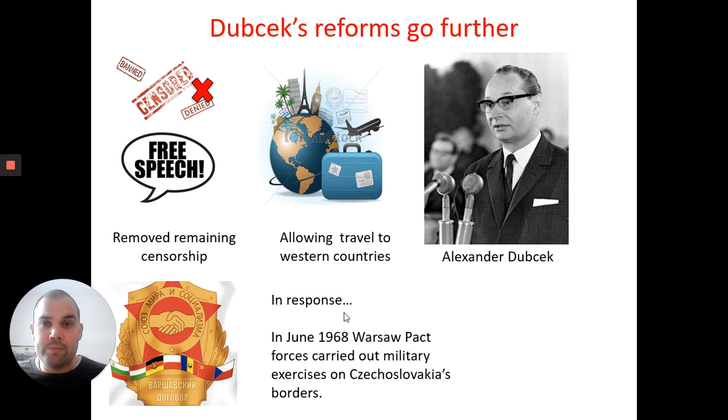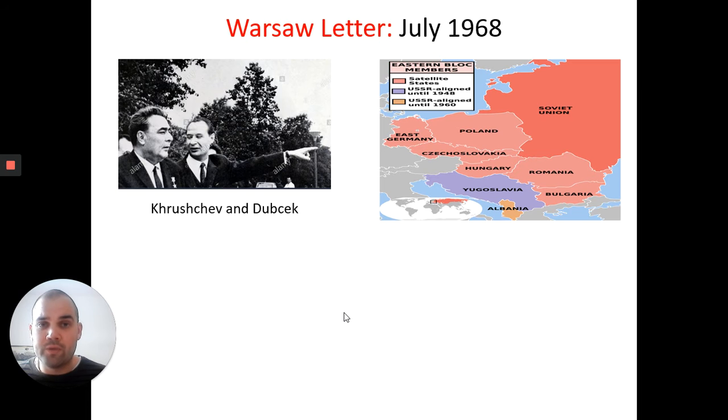Now, Dubček's government continued to carry out their reforms, so they didn't back down. And then 1 month after that, you get this very important meeting at Warsaw in July 1968. Remember, the headquarters of the Warsaw Pact, where it had been signed, was in Warsaw, the capital of Poland. In July 1968, the leaders of the different Warsaw Pact countries meet in Warsaw to mainly discuss the situation in Czechoslovakia.